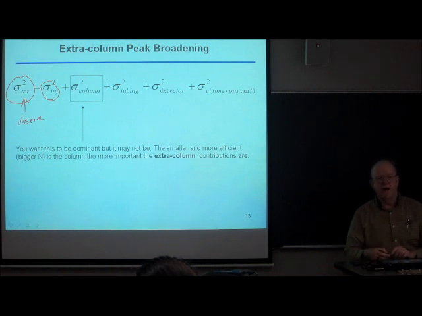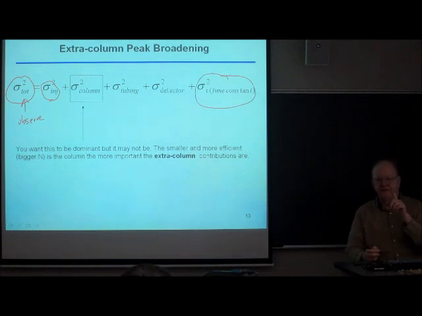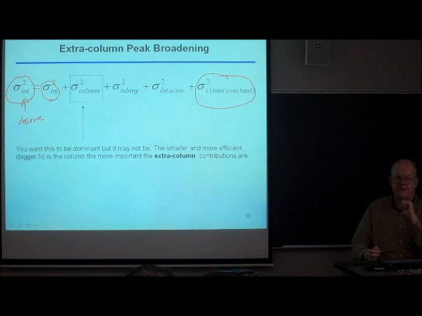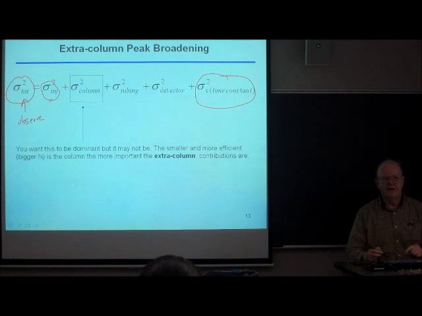The data system time constant I'll lump in with the detector time constant, and I'll just call it time constant. Now there's two important things here. Number one, it's additive. Number two, these are squares. Squares of any kind of number is a positive number. There's no cancellation of errors here.